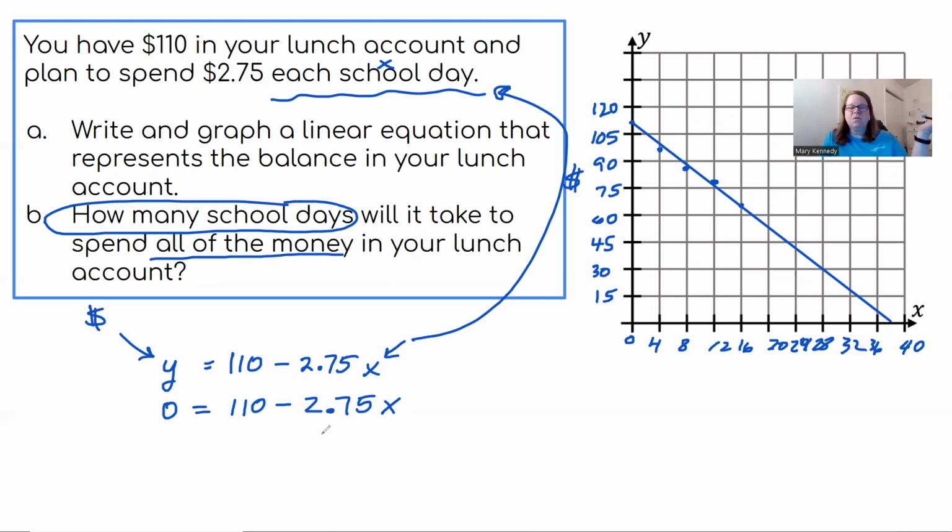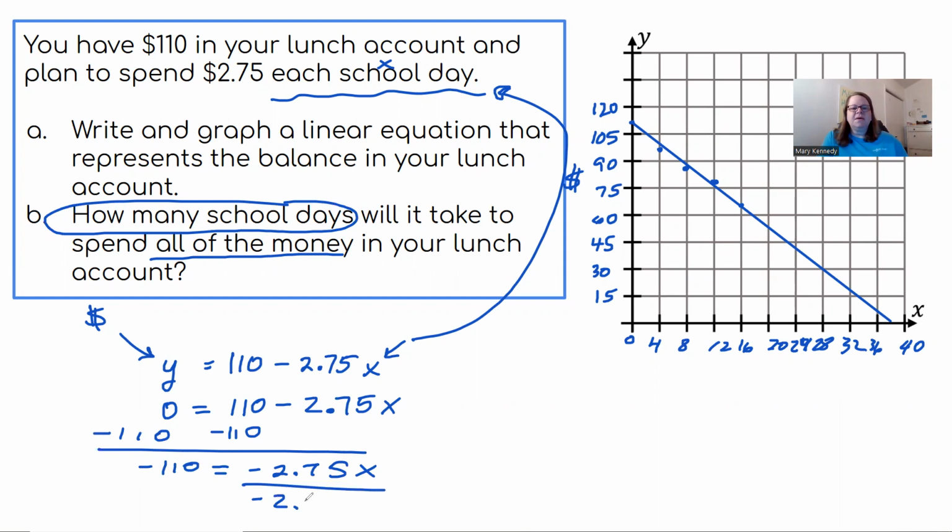We're going to get X equals a number, something like that. So when you look at this, we've got a number and an X value. So let's subtract 110 from both sides. Get negative 110 equals negative $2.75 times X. So let's divide both sides by negative $2.75.